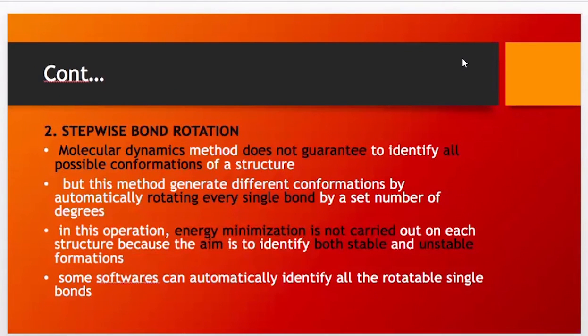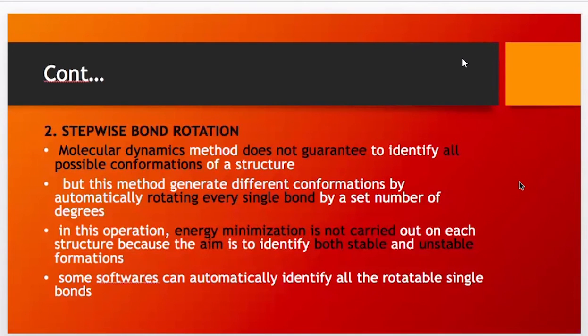The molecular dynamics program would help you analyze the conformation of your structure and identify the more stable conformation, because what you want is the most stable conformation of your compound.